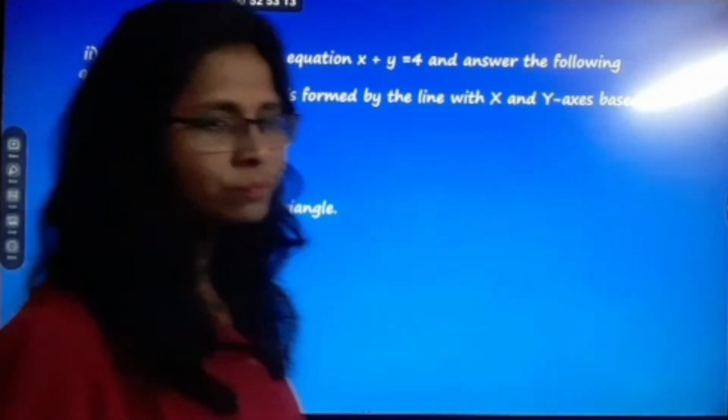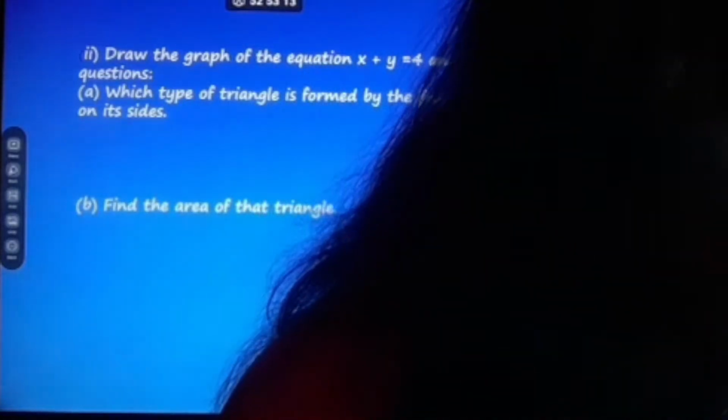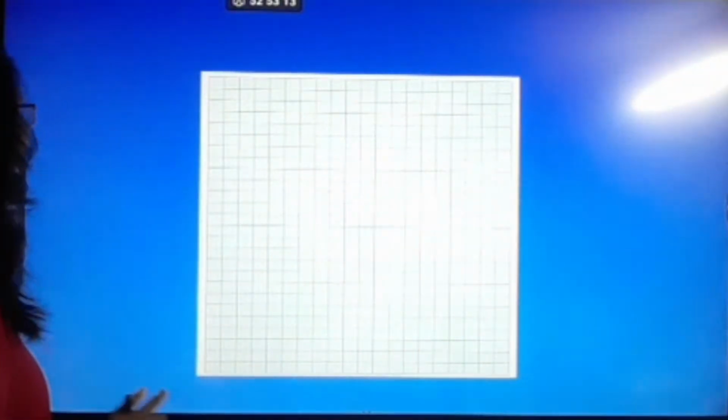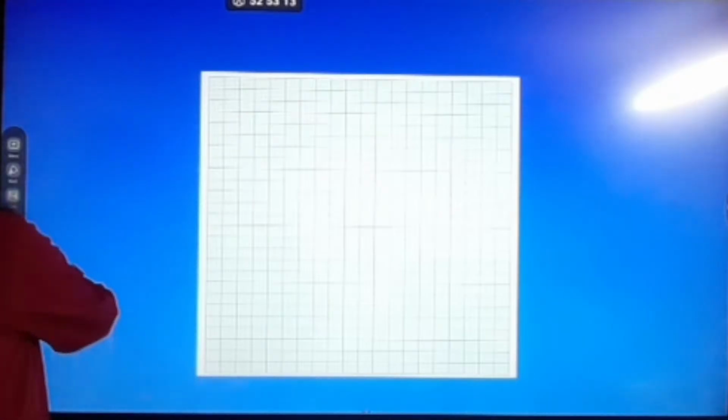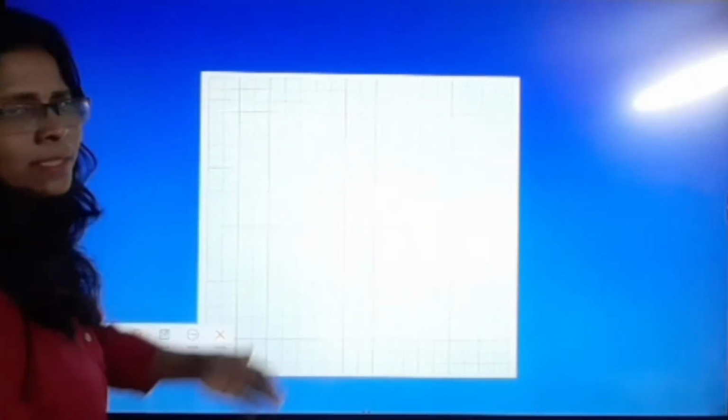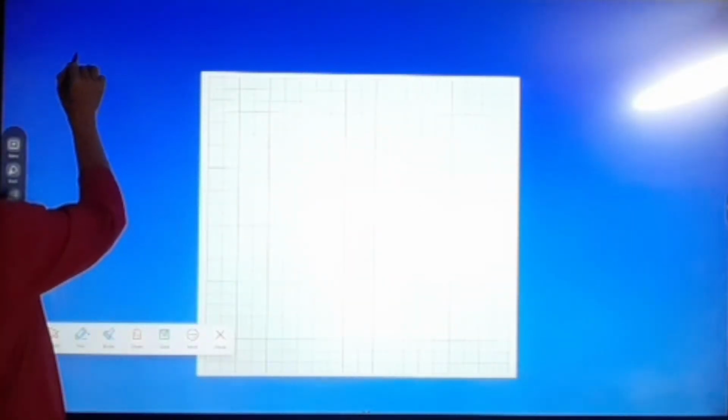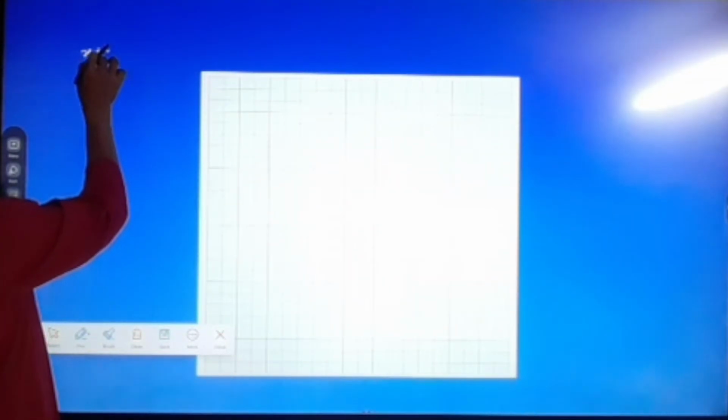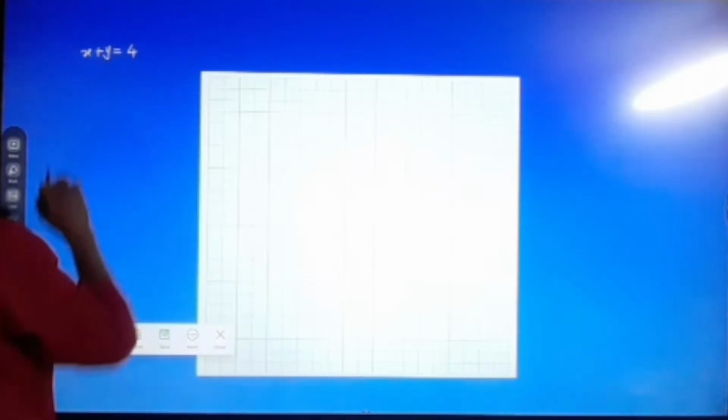So take out the graph paper students. Yes, the graph paper is ready. So here students, first I write down x plus y is equal to 4. Yes, is it right or not? Yes, x plus y is equal to 4.